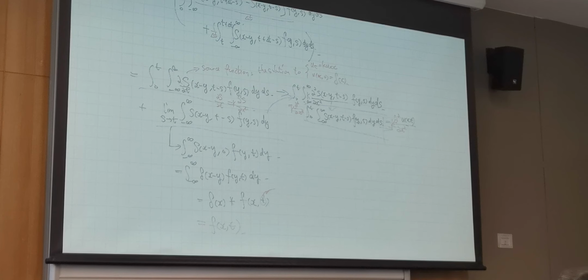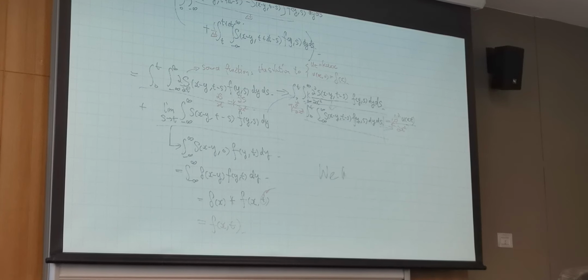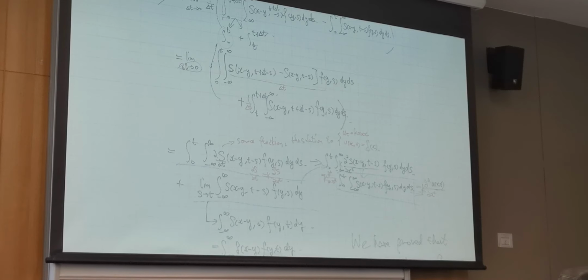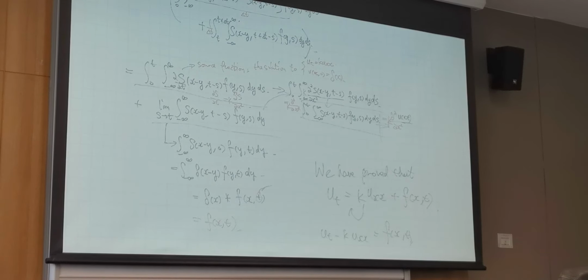So this basically tells us that we have proved that u t equals k u xx plus f x t. Moving this leftwards, u t minus k u xx equals f x t. We have really proved that this u satisfies the diffusion equation with sources. So let's take a 5 minutes break and then we're going to come back.